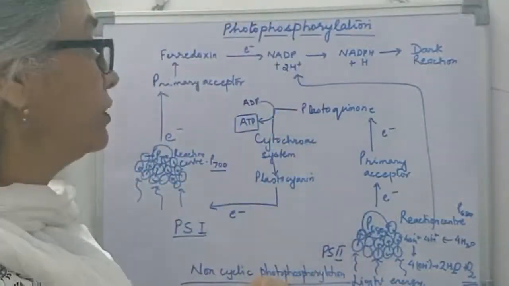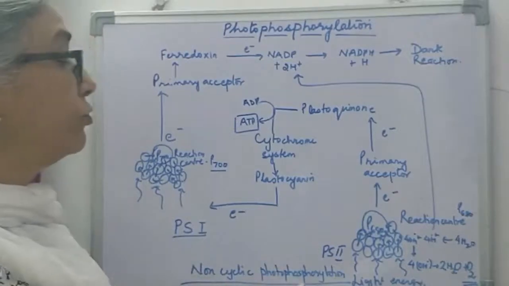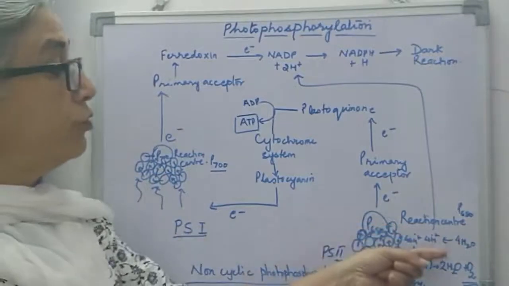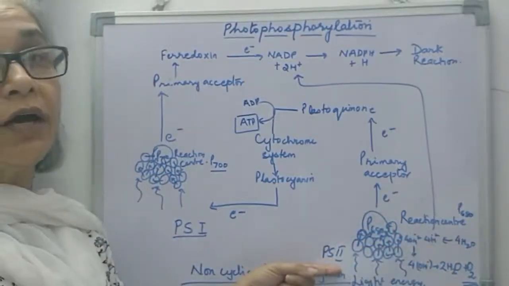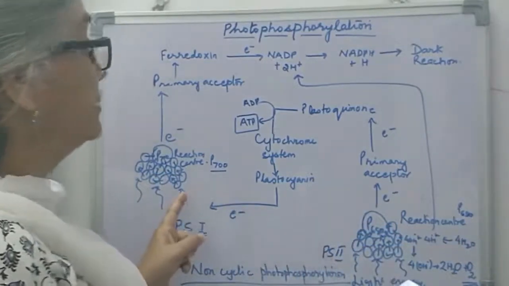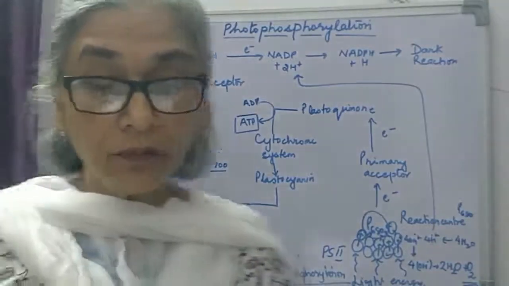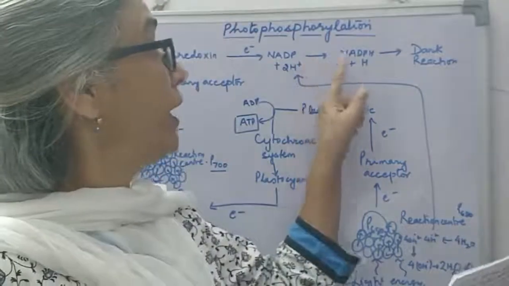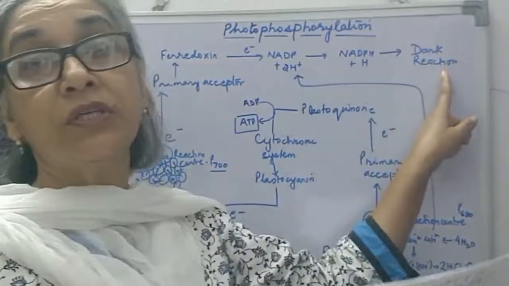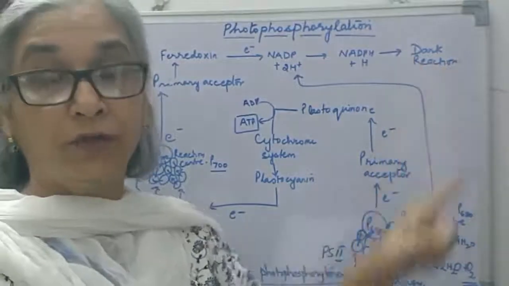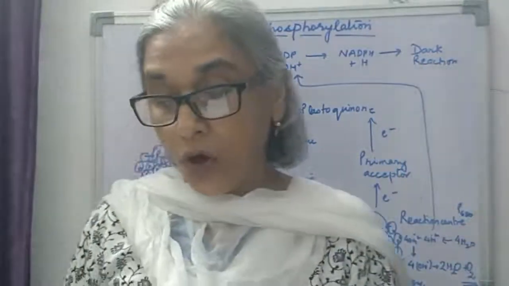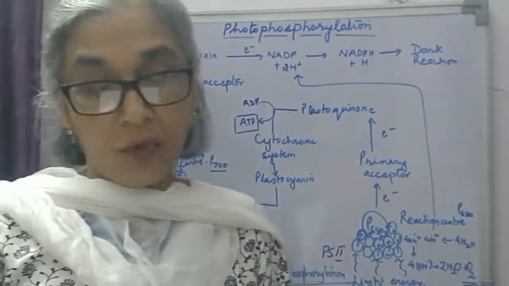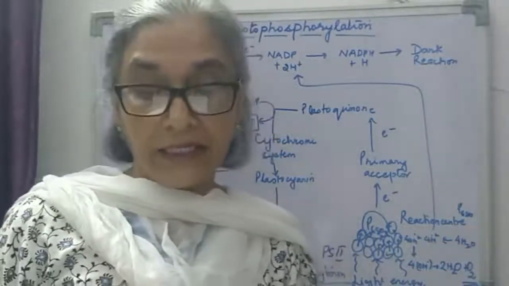I have drawn this for you. This is non-cyclic photophosphorylation, where both photosystem 1 and photosystem 2 are functional, and we will see how the electron is transported and how NADPH is formed, which is required for the dark reaction. Non-cyclic photophosphorylation is the main process in which the plants harvest light energy.